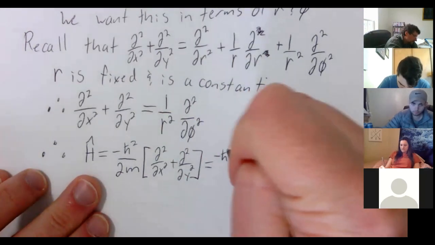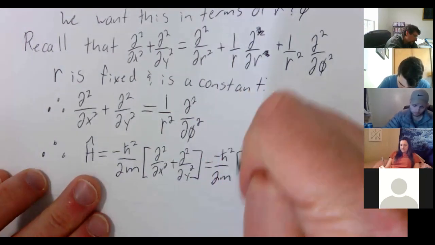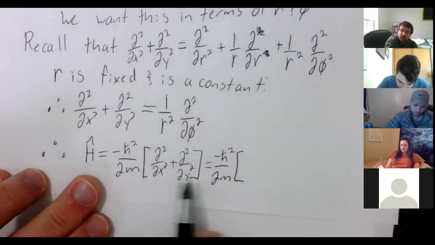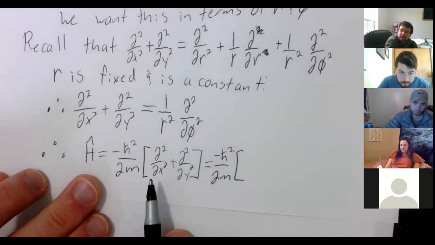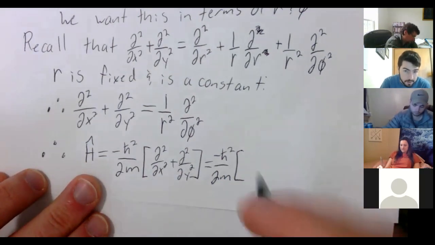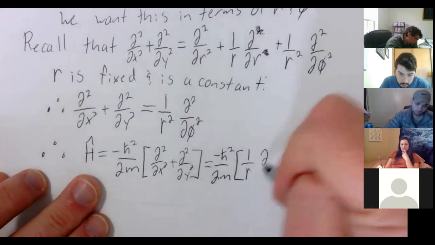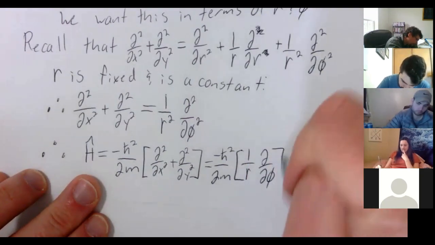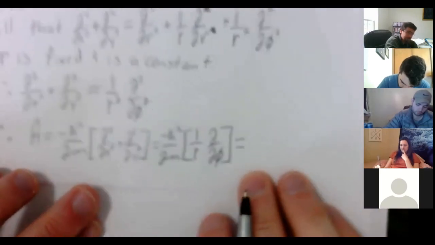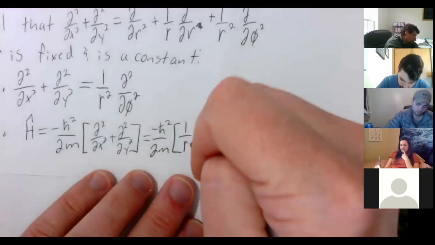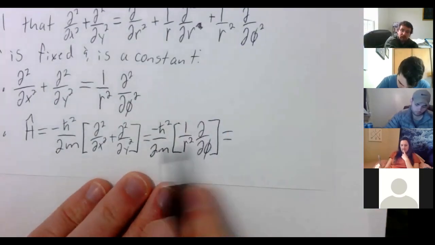What happens on the inside of this bracket? It changes to 1 over r squared, d squared over d phi squared. Oh, we should have a squared there. What can we do with this?